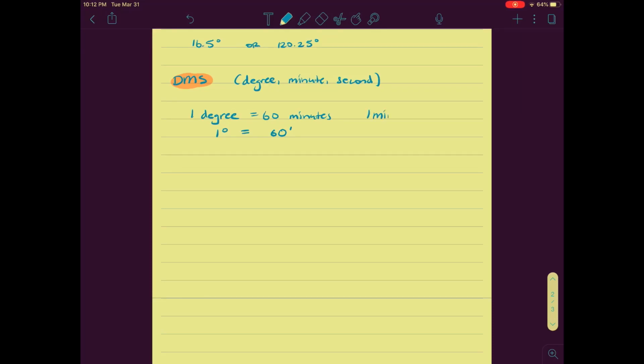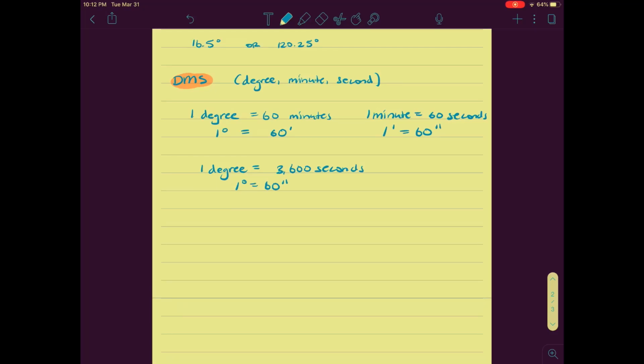So 1 minute is equal to 60 seconds, or we can write it using this notation, and they mean the exact same thing. And from this, I can also conclude that 1 degree is equal to 3,600 seconds, which can be equivalently written as this.